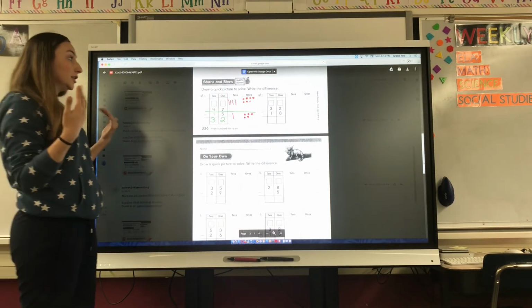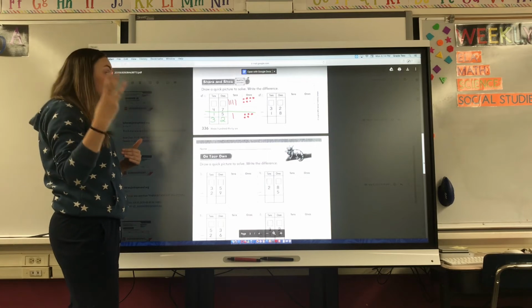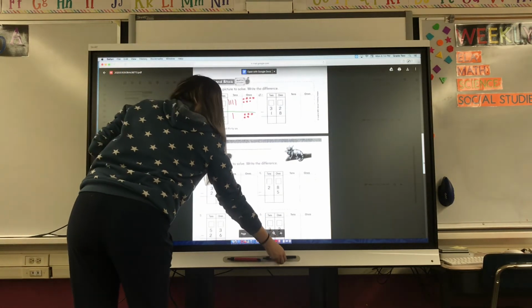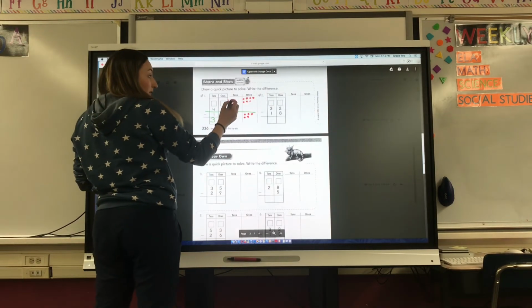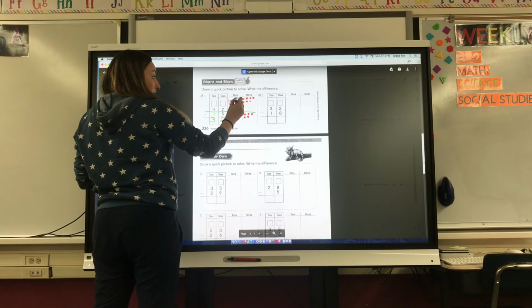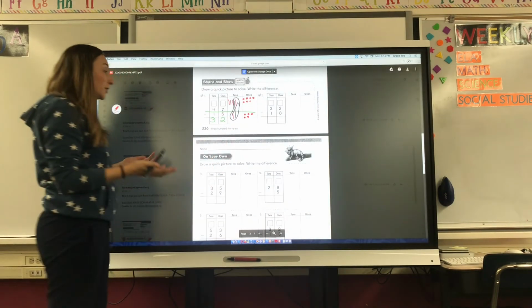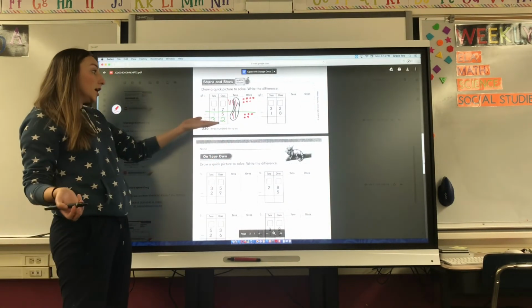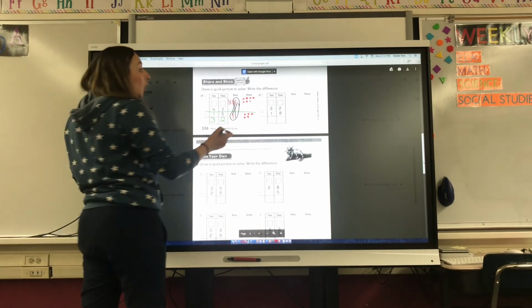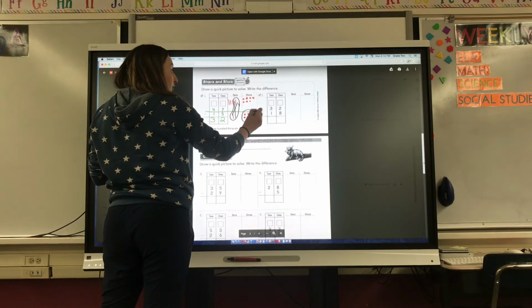So in 32, we have 3 tens left. So you need to show me that you have 3 tens left, which means we're going to circle 2 of these tens. I'm going to circle them in black and cross them out because we only have 3 tens left. And then on the one side, we know we only have 2 ones left. So we're going to circle all the ones except for 2.